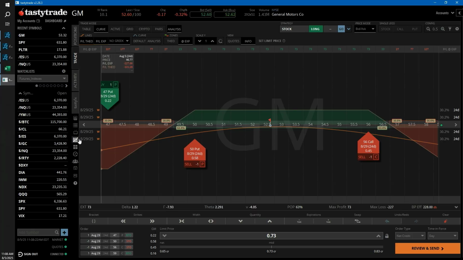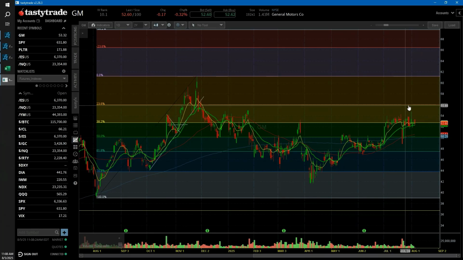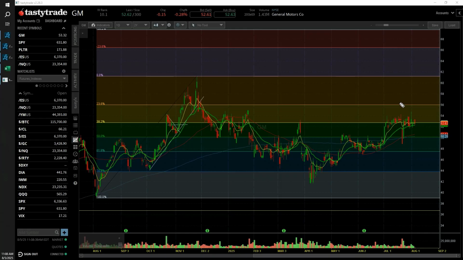Let's go back to the chart. 56, well, that's above the prior highs that we tagged. And 50, well, that's right down here at a 50% retracement. So there you have it. Sell the credit to the upside, sell the credit to the downside.